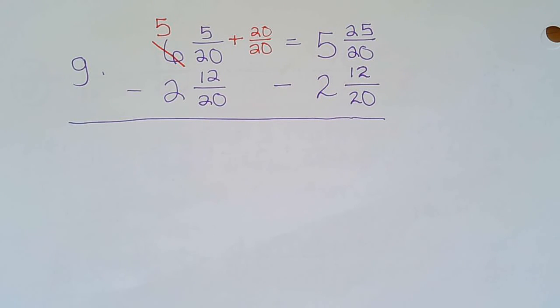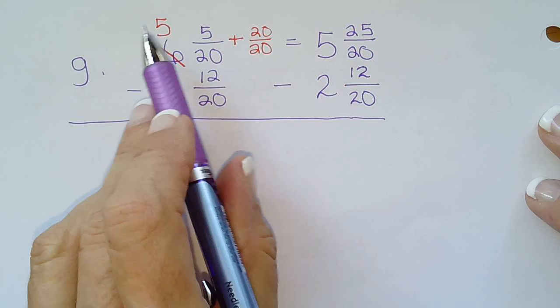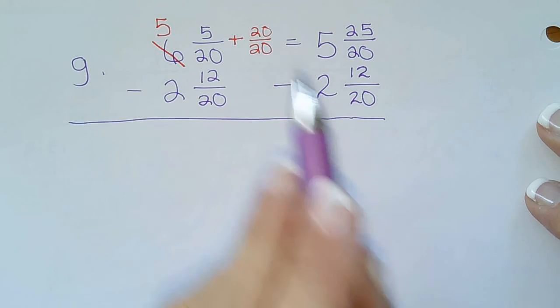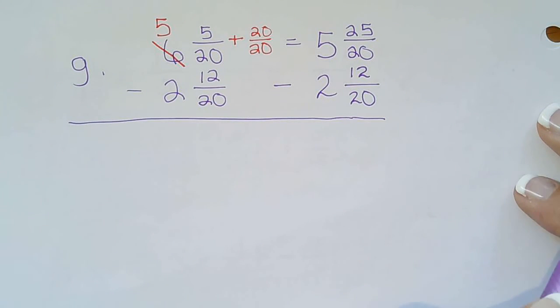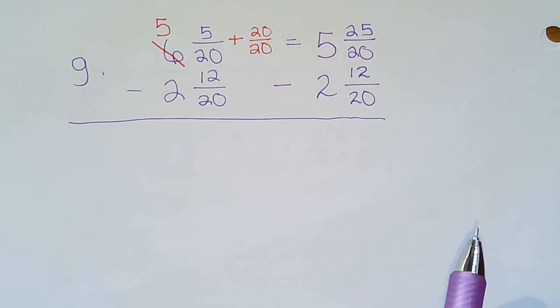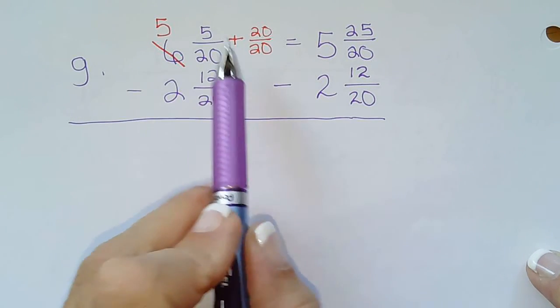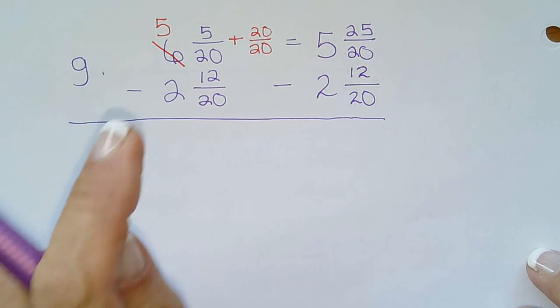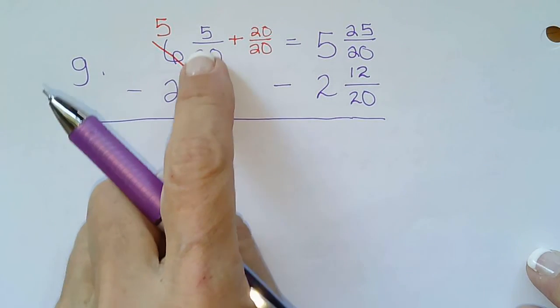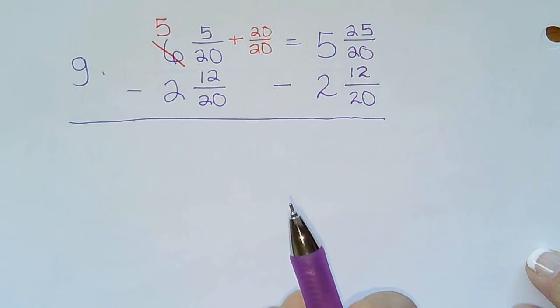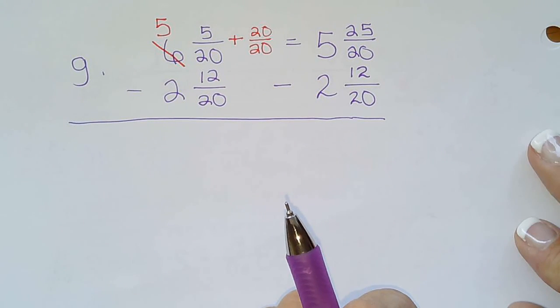So quite a bit faster than making it improper, but like I said, you got to remember the take 1 away, add 1. So lots of students just go, oh, I'm just going to make it improper. It kind of depends on how big the numbers are. If the numbers aren't too big, then making it improper is not bad. But if this was 63 and 57/88, that would be ugly. So that's kind of how I decide which one to use.